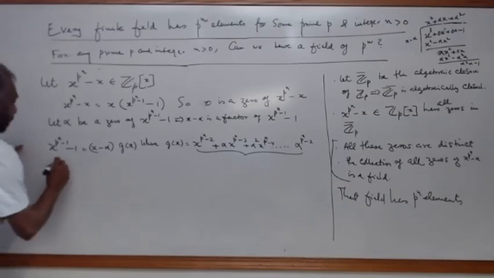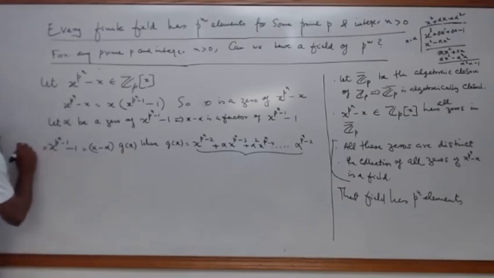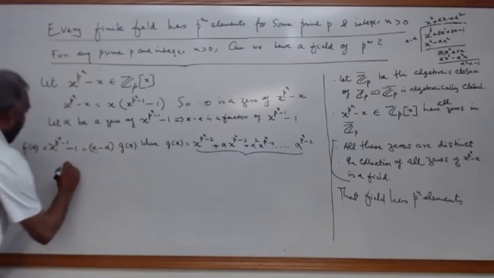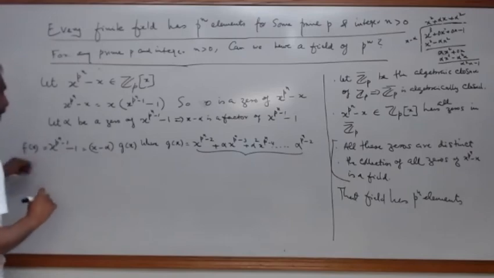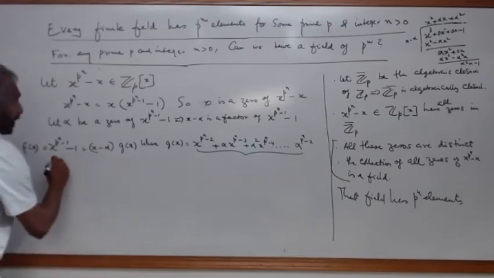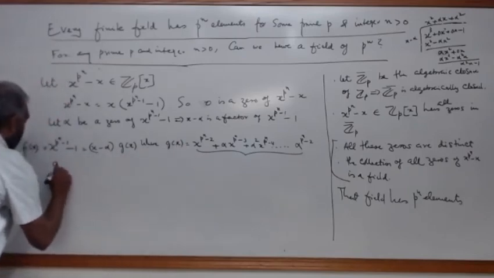So let us take this as f of x. So f of alpha, then what we do is g of x is this. So let's take g of alpha.